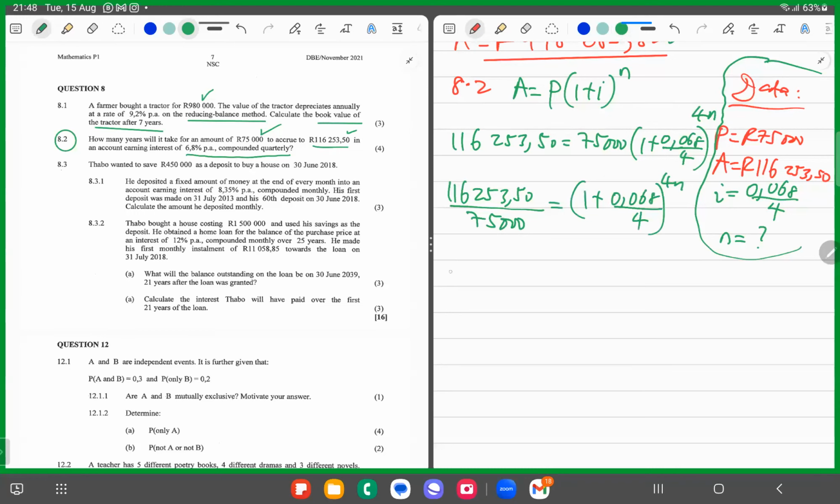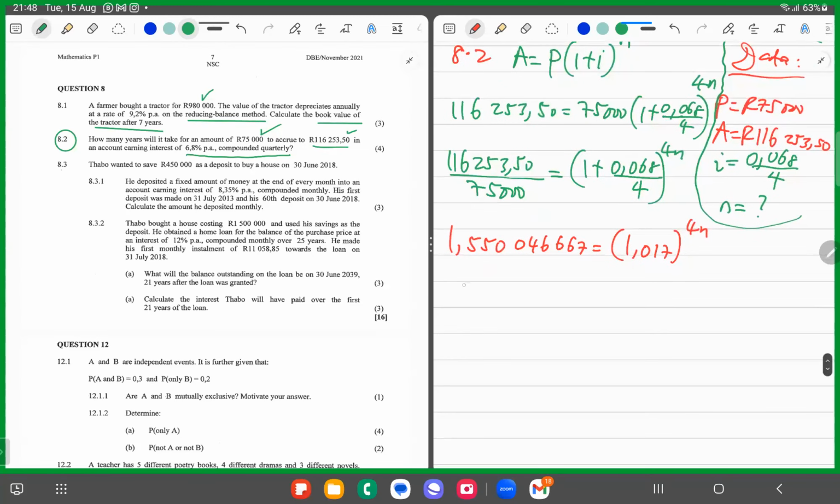If you divide everything here, it becomes 1.55004667, which equals 1.017 to the power 4n.